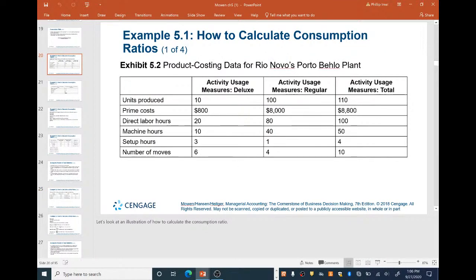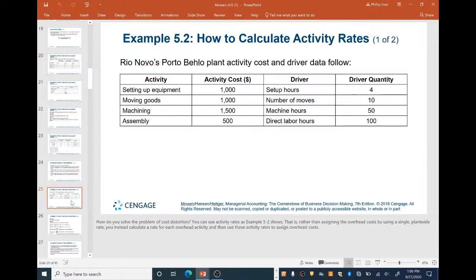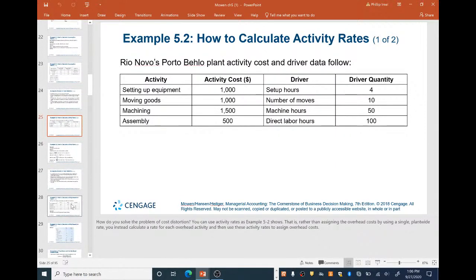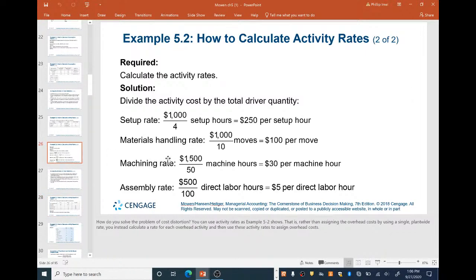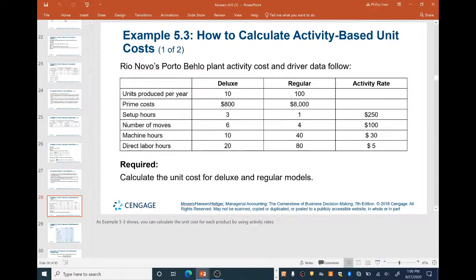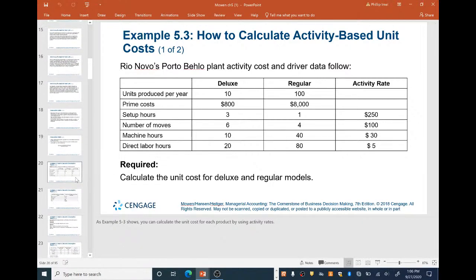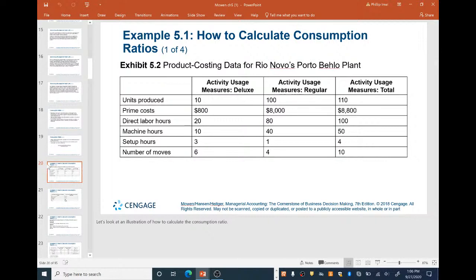This chart here, you can see starting with direct labor hours, is what we're repeating down here. And then we got the activity rate up here. When we found the rates, that's where the rates are coming from. Remember, these are the activity rates, so 250, 100, 30, and 5. And remember, the data here is coming from the previous slide up here.